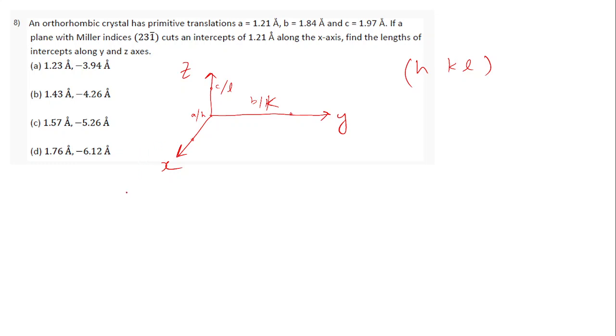Now here the HKL plane is given as 2, 3, 1 bar.